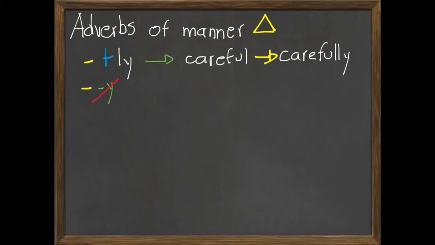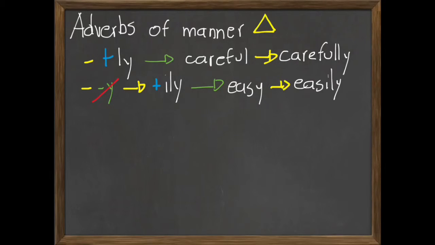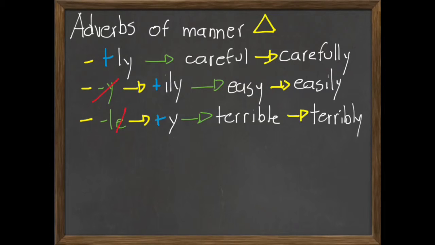Words that end in y will drop the y, and instead it will be replaced by ily. For example, easy will turn into easily. Those that end with le will drop the e, and y will be added at the end. For example, terrible will only drop the e, and it will turn into terribly.